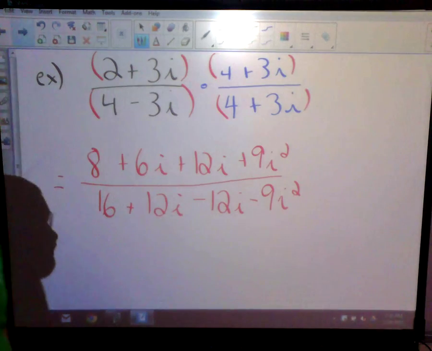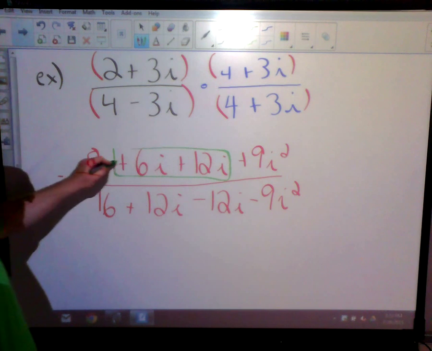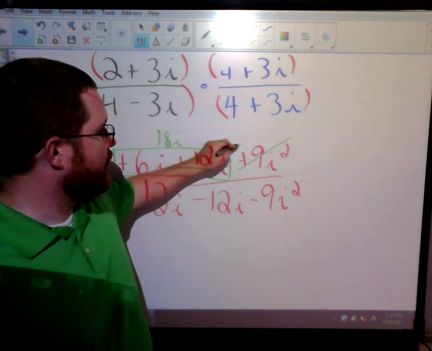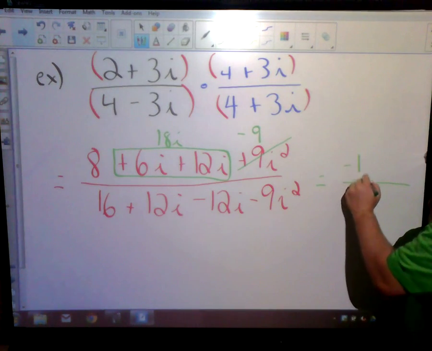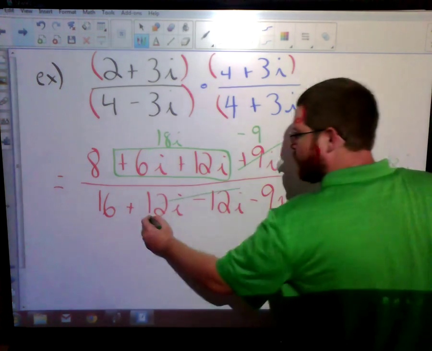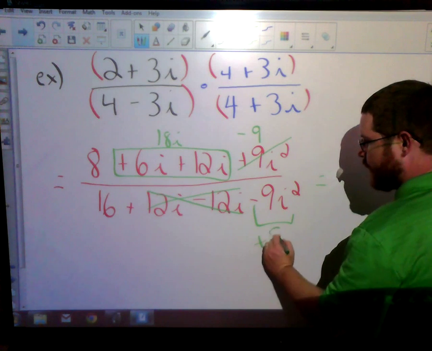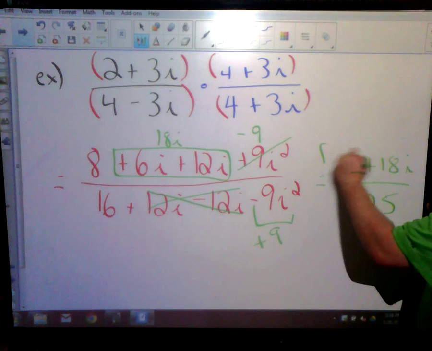Now let's clean this up a little bit. Let's see what will cancel. Those two can go together and become 18i. That can become negative 9. So on top, I've got 8 minus 9, which is negative 1 plus 18i. On bottom, these two will cancel out because they're positive and negative. This is going to become plus 9. 9 plus 16 is 25.